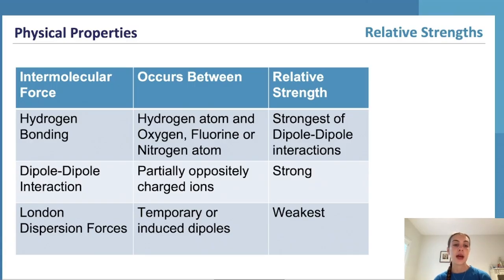Then we've got our standard dipole-dipole interactions, which occur between partially oppositely charged ions, meaning ions with a substantial electronegativity difference, and their strength is going to be reasonably strong, but not as strong as hydrogen bonding. And then our final one is the dispersion forces, which occur when there's a temporary or induced dipole, and they have a fairly weak strength. Their strength does increase with larger molecules due to there being more electrons, but they will always be the weakest intermolecular force.